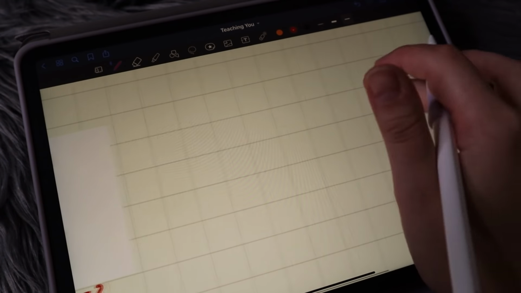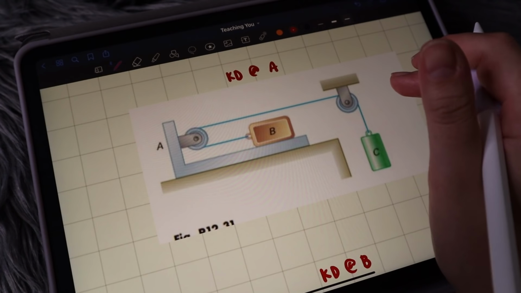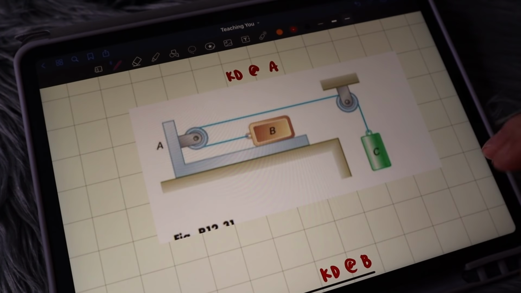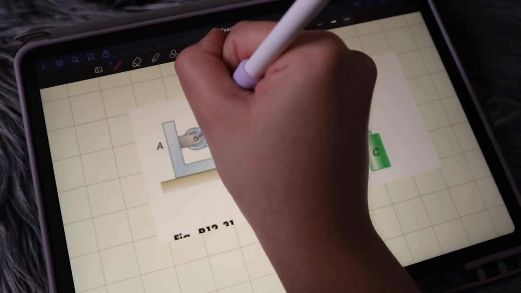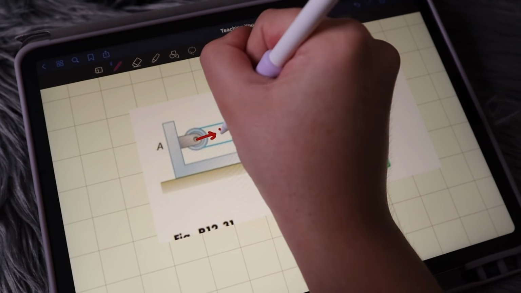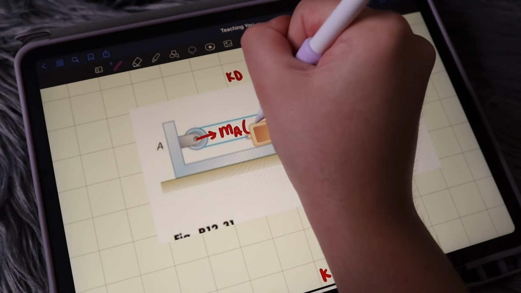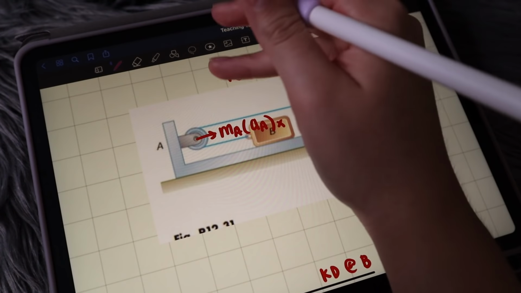Let's just quickly go ahead and fill out the kinetic diagrams. For A, we said that bracket A is going to move to the right, so let's draw an arrow to the right. This is mass A, acceleration of A, in the x direction.